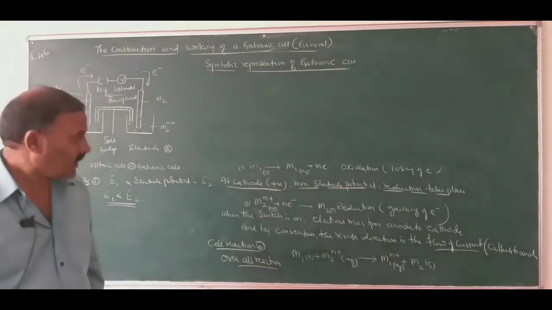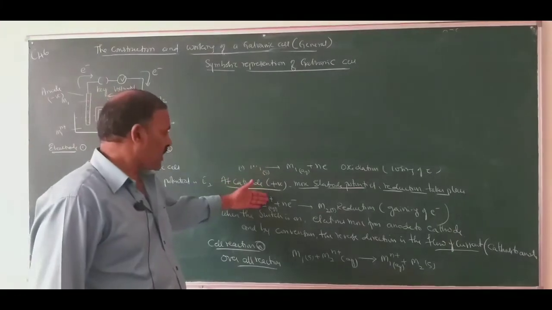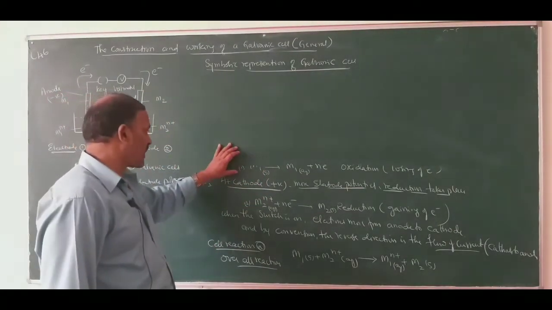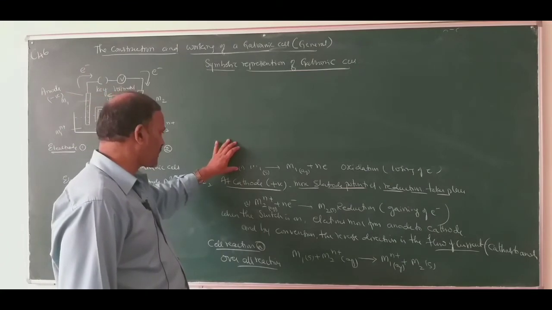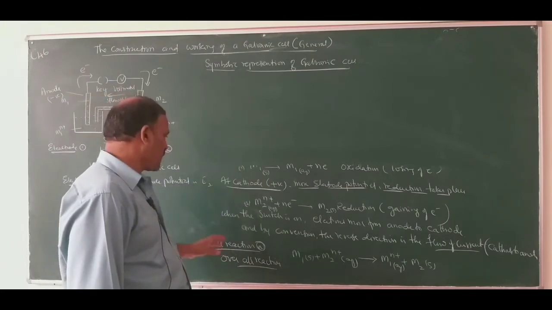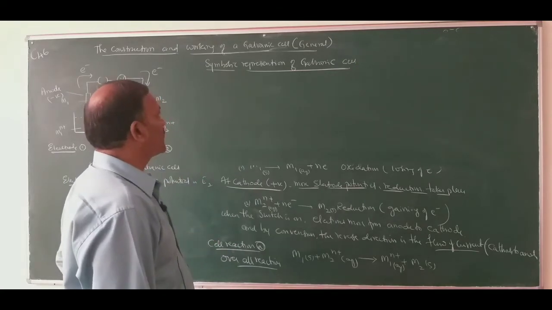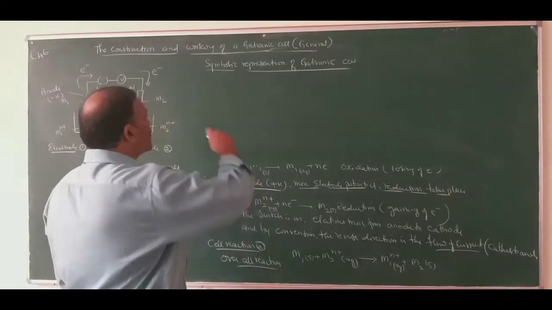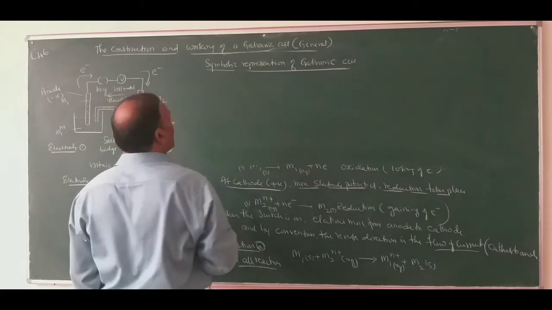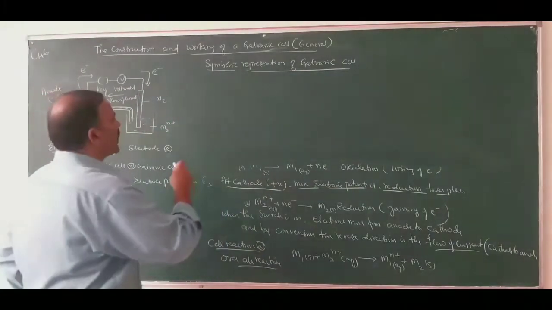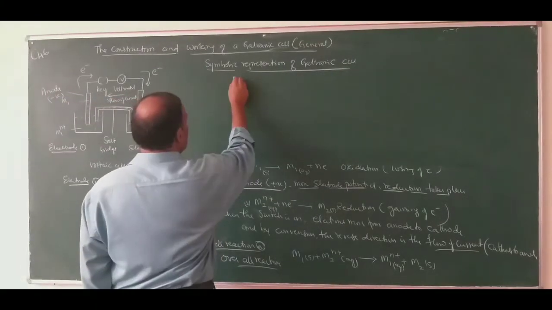So these are the electrode reactions. These are very important. So write the electrode reactions of anode, oxidation, cathode, reduction, and the overall reaction. Then how galvanic cells are represented. While representing the galvanic cells, you have to remember these things.